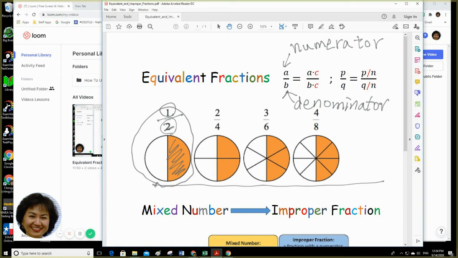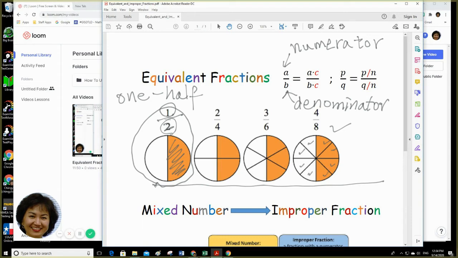Another way to say 1/2 in English is one half. We have to learn how to say these fractions in English. This last one, you can see here, it is cut into 8 equal parts, like this. 1, 2, 3, 4, 5, 6, 7, 8.